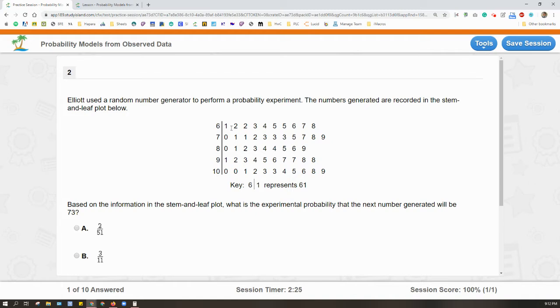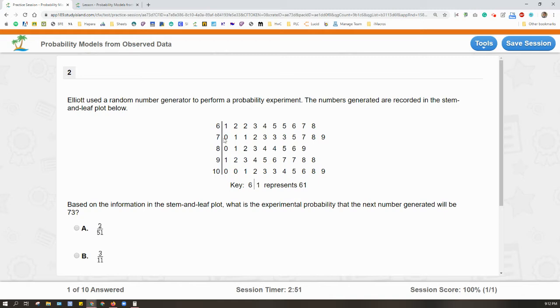So the way you read this is, this first number here that says 1, and it's in the 6 row, that's the number 61. Then the next number, there's a 2, that's the number 62, because it's in the 6 row with the 2. The next one is also 62, because it's another 2. The next one is 63, then 64, 65, 65, 66, 67, 68. And that's all the 60s, because that's the 6 row.